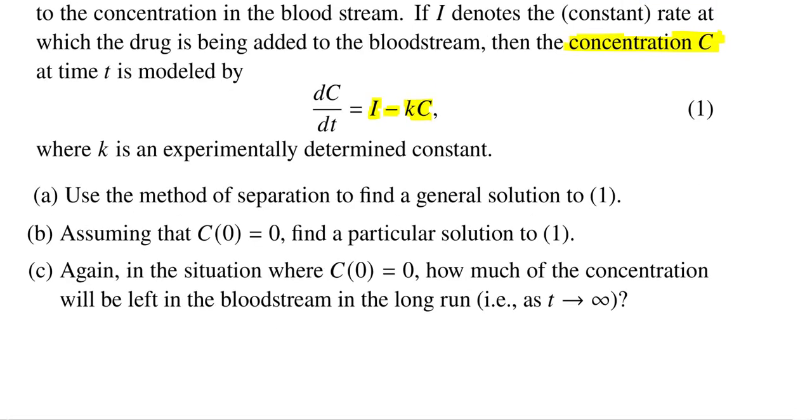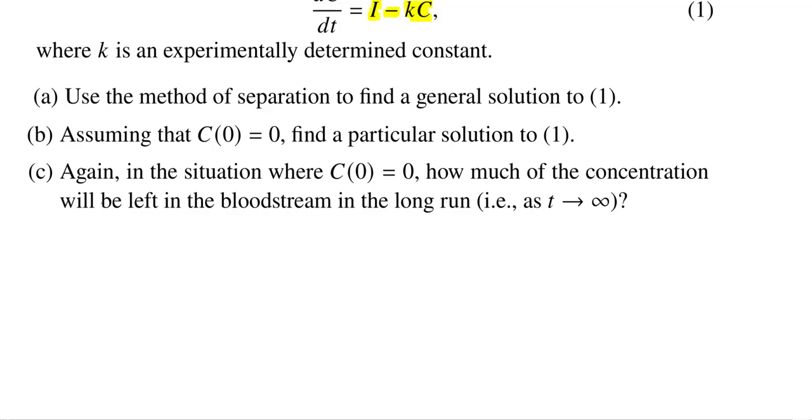Okay, so let's take a little peek. I'll copy this differential equation down. We have dC/dt is equal to this constant I minus this constant K times the concentration at time t. The method of separation says we want to put all of the C's on one side and the t's on the other side.